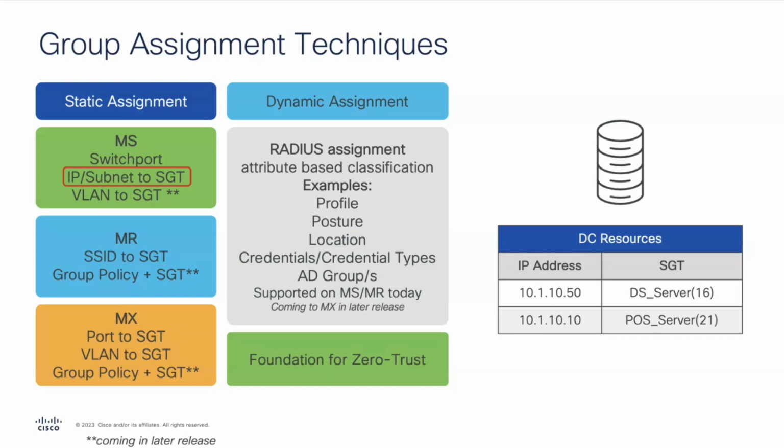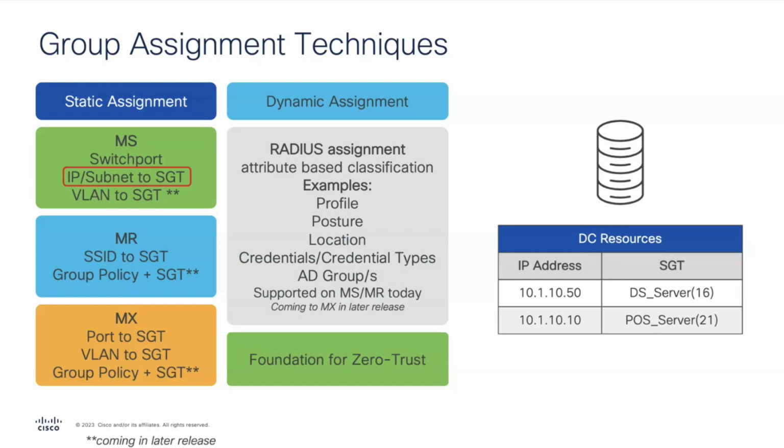If we look at a data center environment, not all data centers can carry SGTs, but we can still get the context necessary onto a server instance or a specific host instance by doing an IP to SGT map. In Dashboard, this is an org level thing as well. Use a policy object, attach it to an SGT, and then that gets pushed down to all of the, in this case, MS390, 9300s.